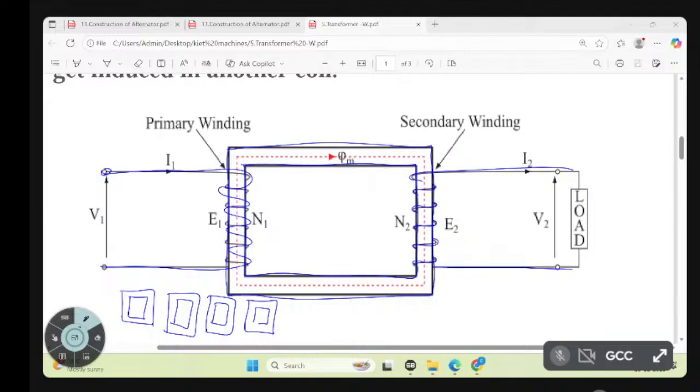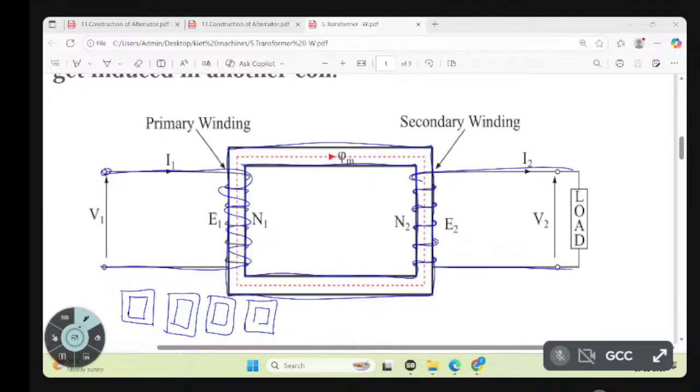No. So simply, transformer can be defined as a static device. Static means stationary. It is a static device which will transfer energy from one circuit to another circuit, or one winding to another winding. You may call it a circuit, or you may call it a winding.